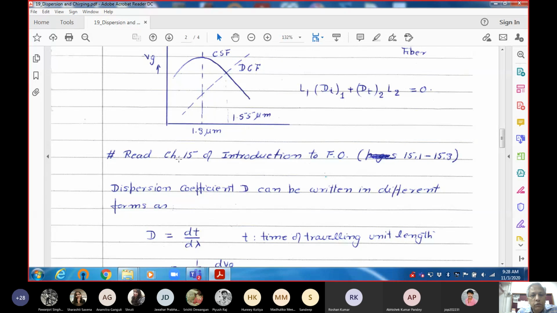For this discussion, read chapter 15 of Introduction to Fiber Optics, articles 15.1 to 15.3, because it is mostly theoretical discussion, no mathematics. I would like you to go through it first and then I discuss, and then you would be able to understand better. Otherwise I will just go through it and you may not get the idea, right?